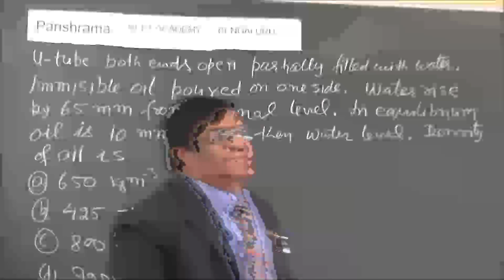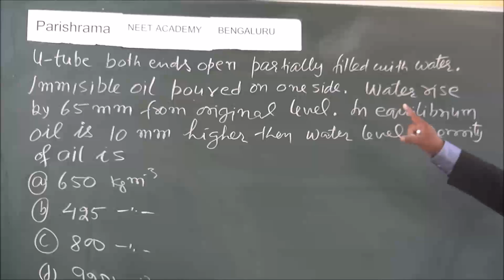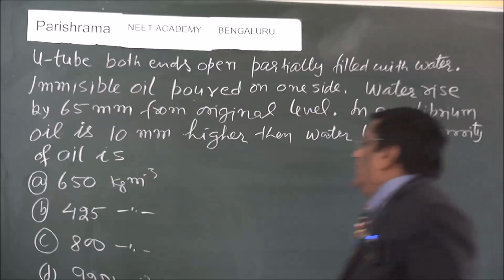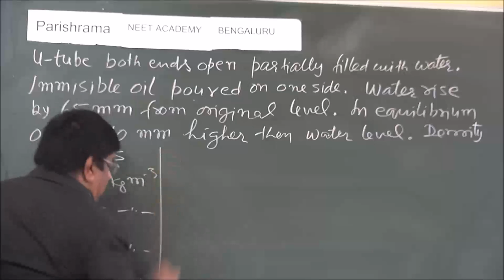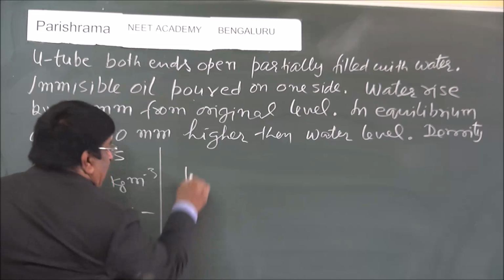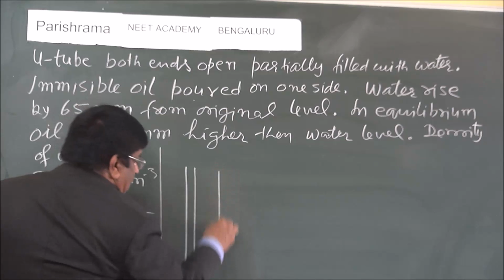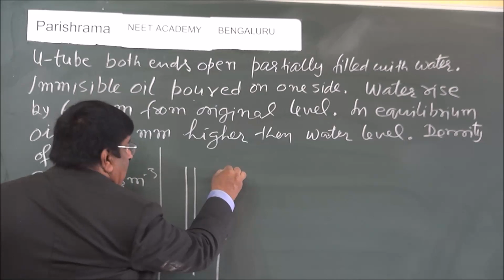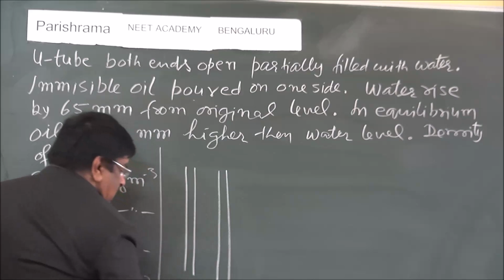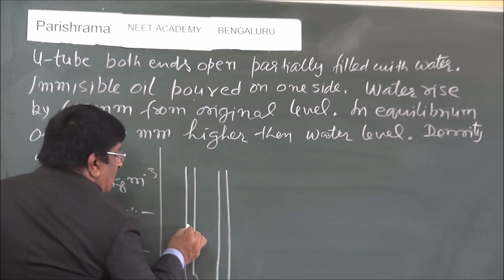This is the question. Please read it. A U-tube, both ends open, is partially filled with water. So we have a U-tube. Let us say this is a U-tube. This is partially filled with water.